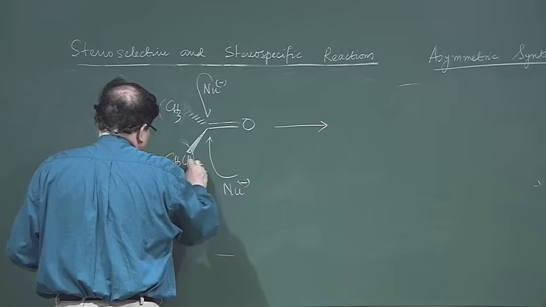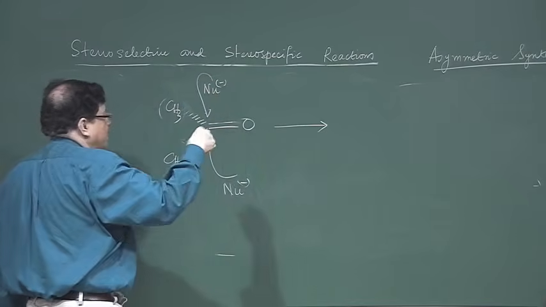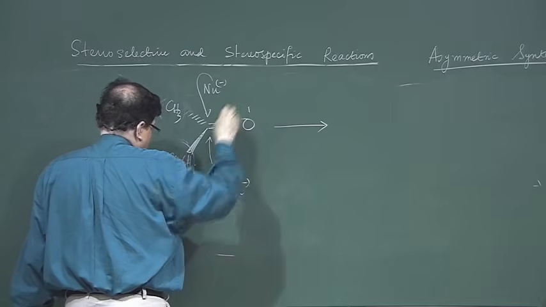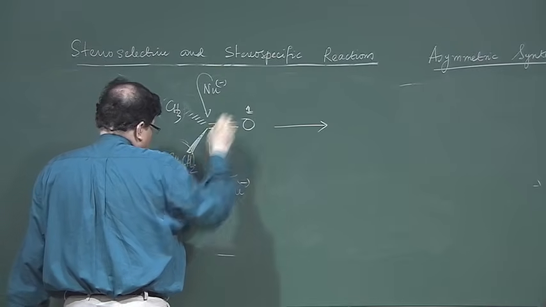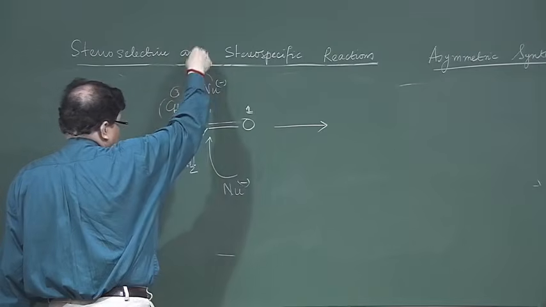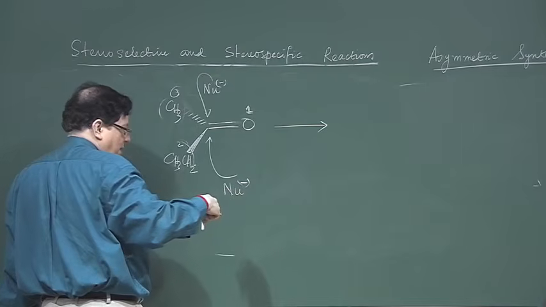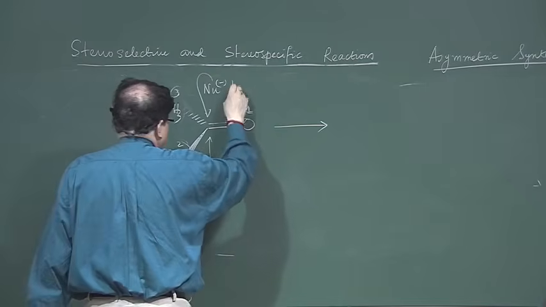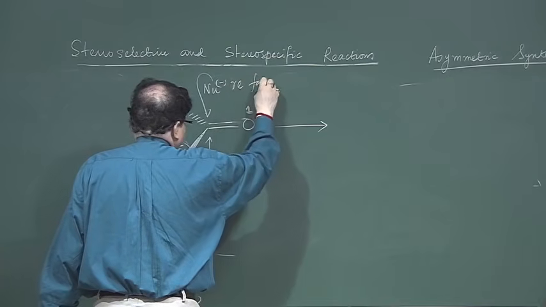Now, you know how to number this: the top face is now 1. If you do the priority sequence, this is 1, this is 2 and this is 3. So, if you see from the top, 1, then 2 and then 3, that means it is going in a clockwise direction. So, this is a Re face.